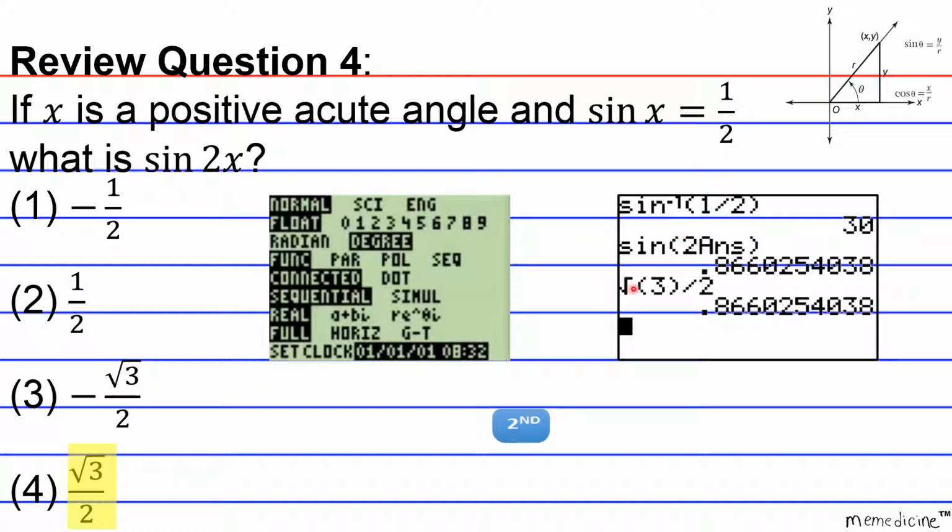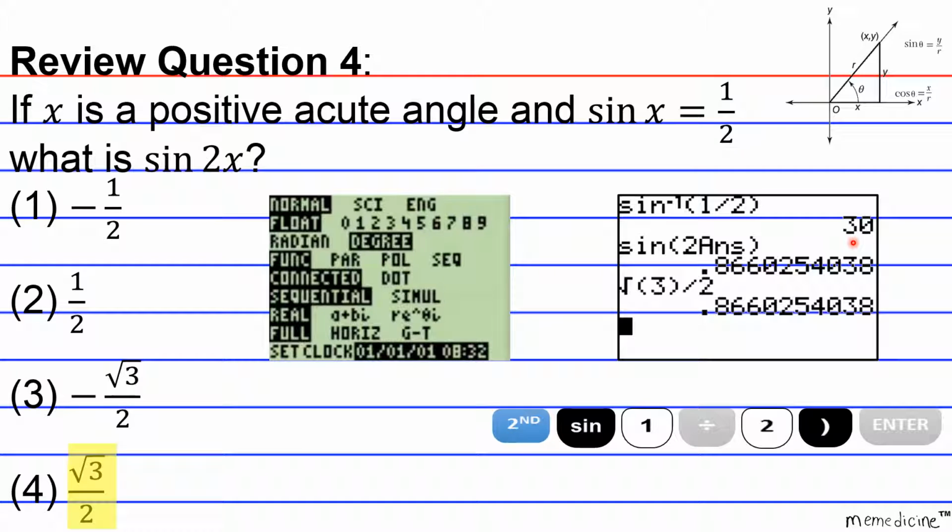So you input the inverse sine by pressing second sine, and it comes preloaded with an open parenthesis, and then we have 1/2, so we're going to type 1, divided by, which is going to represent the fraction bar, 2. And then we close out our parentheses and hit enter, and then we get an answer of 30 degrees, okay? Because remember, we're in degree mode.